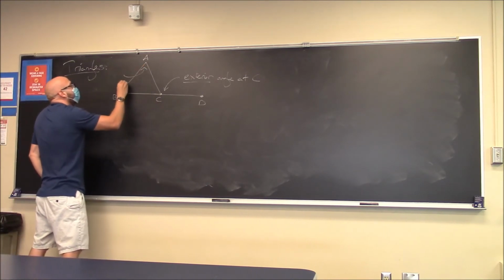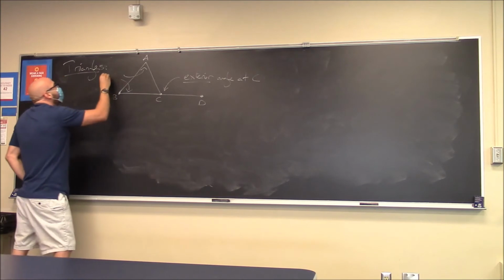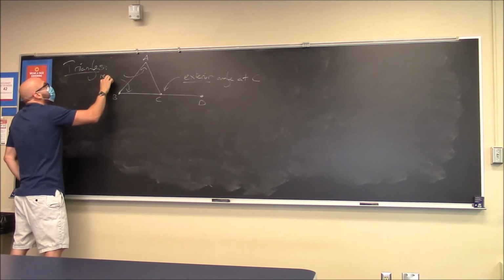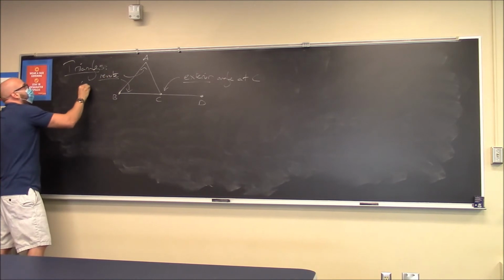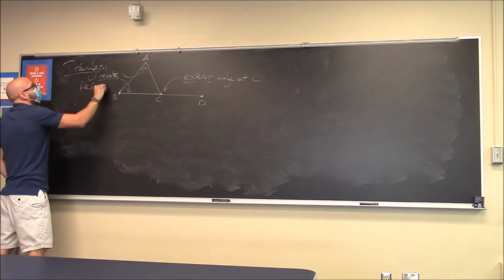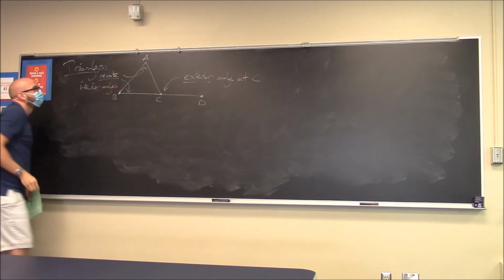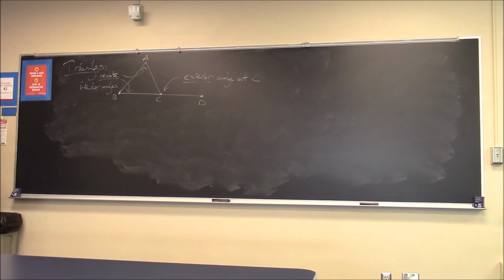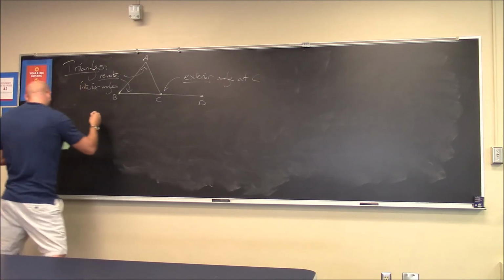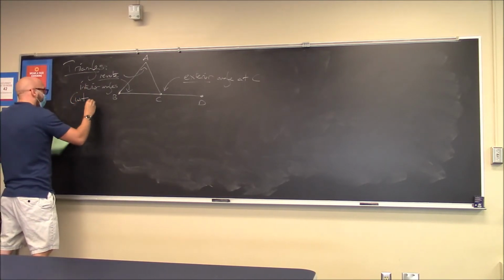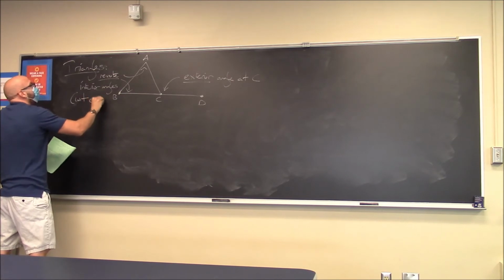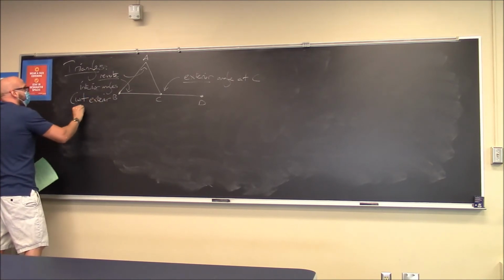So that angle and this angle are the remote interior angles. Of course, which ones are remote depends on which exterior angle you're looking at. So this would be with respect to the exterior angle at C.